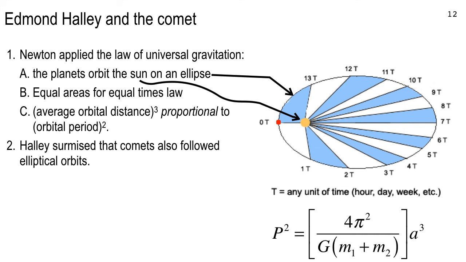And he says, look, Sir Isaac, Edmond Halley wasn't a sir. He was just a regular guy. He said, look, Sir Isaac, I think these comets that I'm studying appear to be elliptical orbits. And so Sir Isaac Newton says, yeah, I got that. I figured that out like 20 years ago.